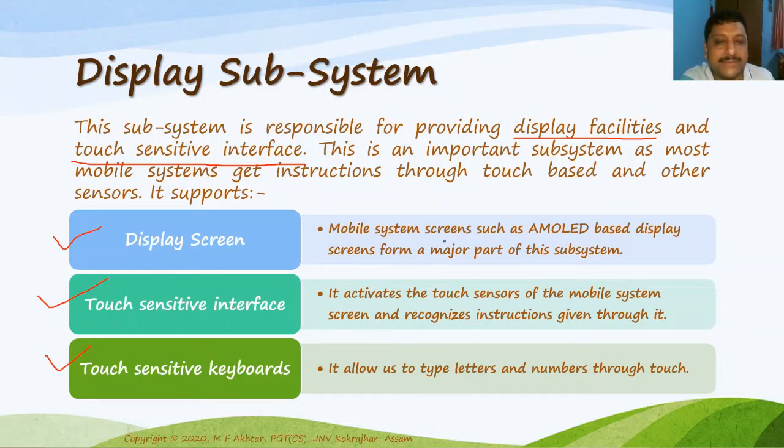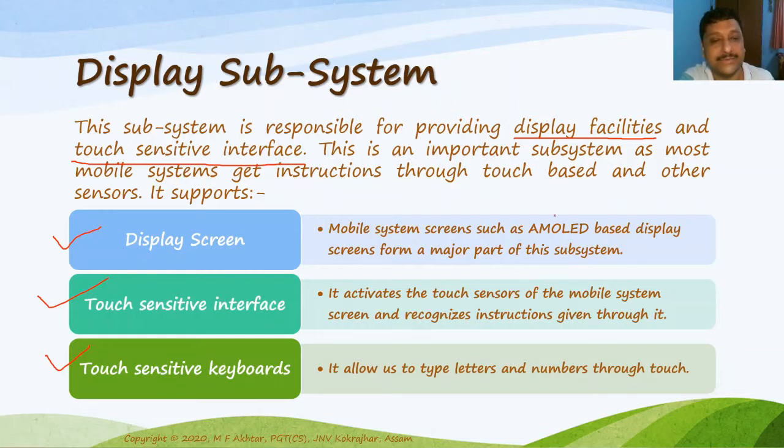Now, mobile system screens such as AMOLED based display screens form a major part of this system. Generally these days display screens come with AMOLED technology. AMOLED is an advanced technology which has a very smooth touch system and a very crisp display, meaning a high resolution display is available.